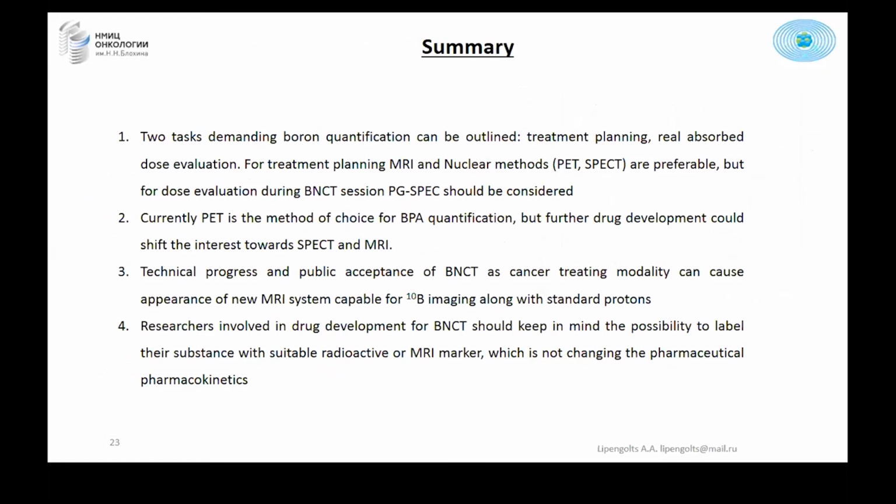So to summarize all the things I said, the task of boron quantification should be divided into two different tasks: treatment planning and absorbed dose evaluation. For treatment planning, MRI or PET-SPECT methods are preferable. For dose evaluation, PET-SPECT I think is the method of choice.